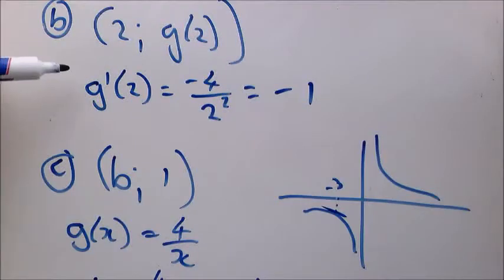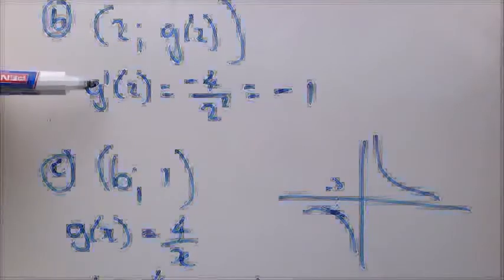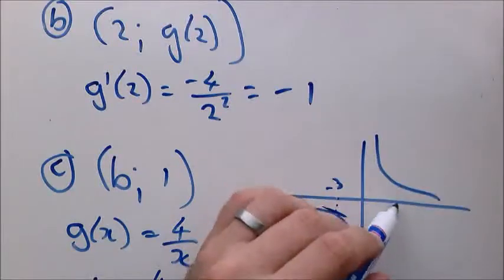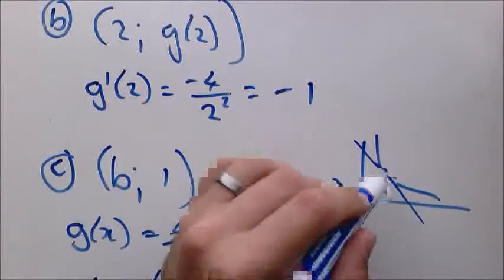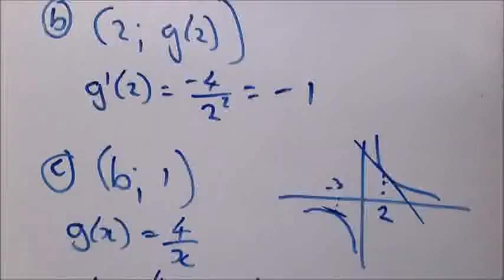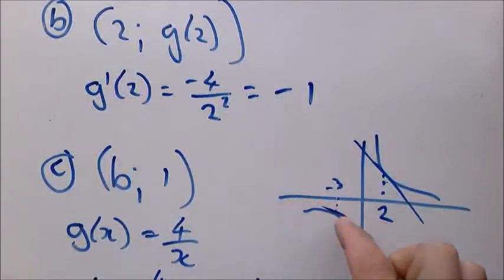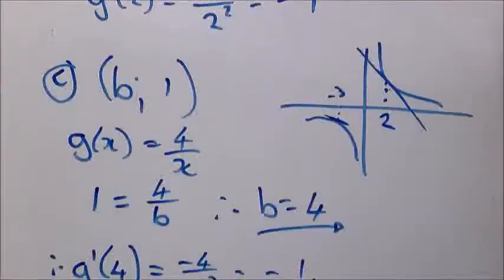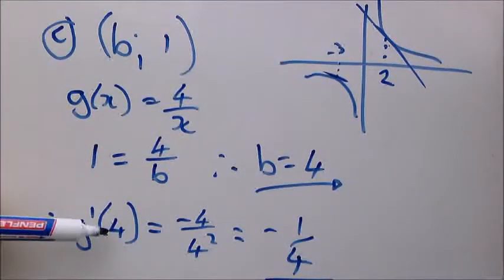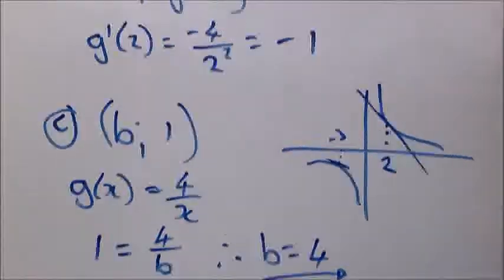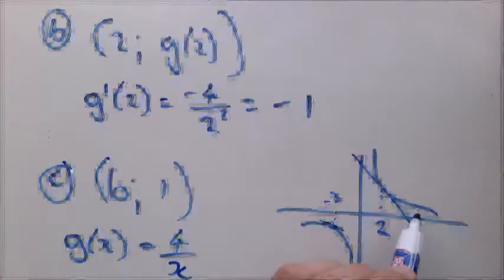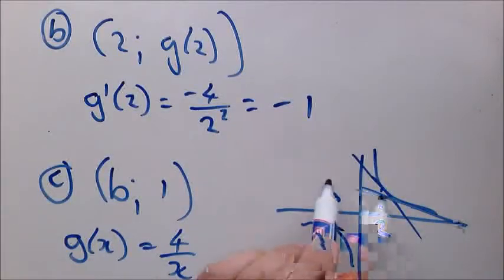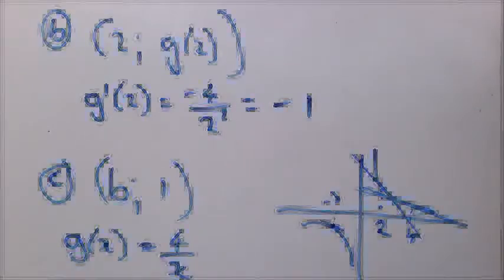Then secondly, we calculated it where x is equal to 2, somewhere there, and you can see it also has a negative gradient. Everywhere on this graph it will have a negative gradient, right? And then for C, where x is equal to 4, it has a slightly negative gradient somewhere over there. You can see how this works out perfectly fine.